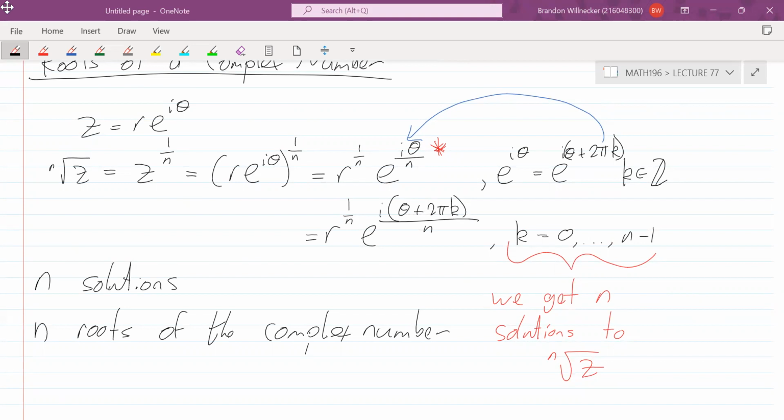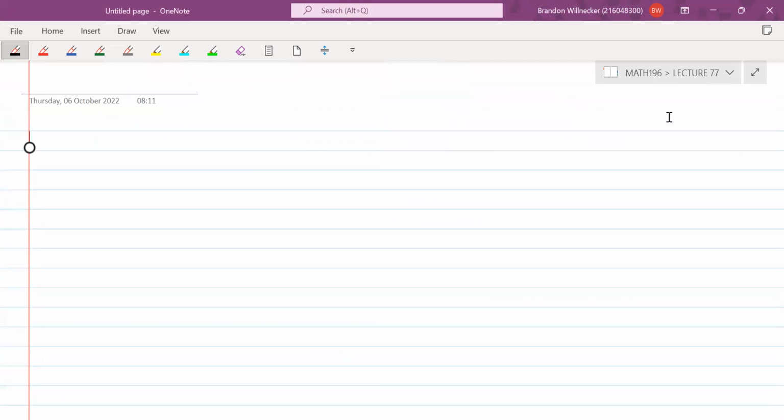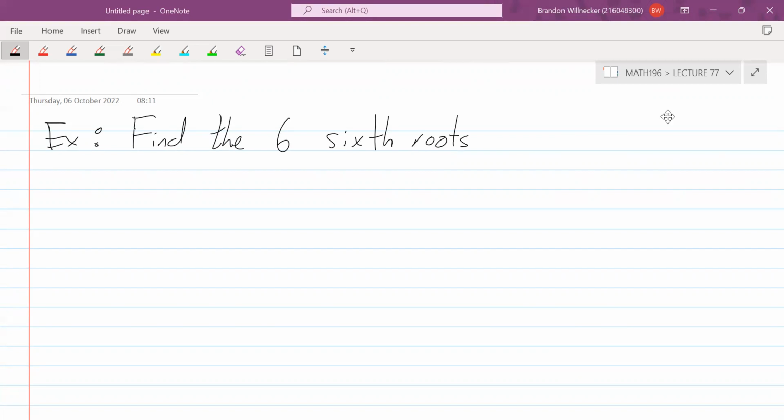Okay, let's have a look at an example. Find the sixth roots: z to the power 1 over 6, the 6th root of z, where z is equal to minus 8.